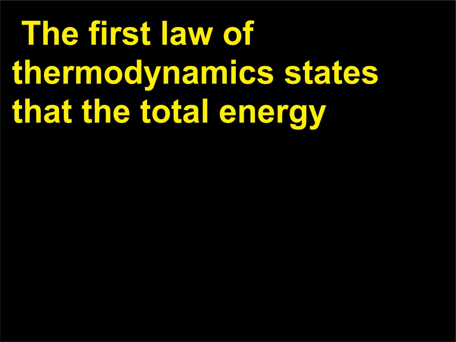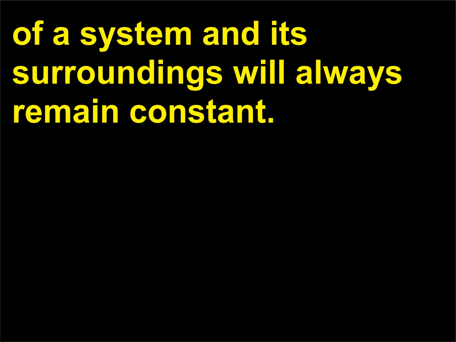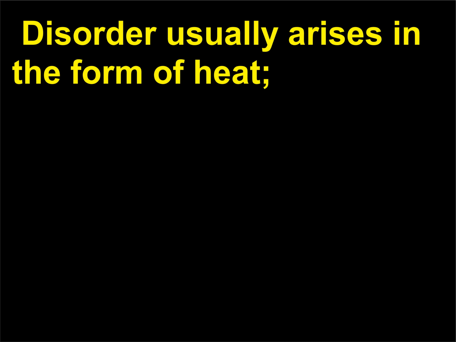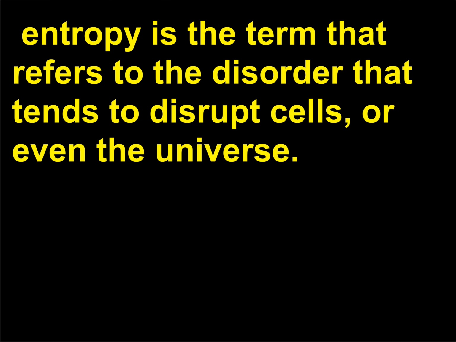The first law of thermodynamics states that the total energy of a system and its surroundings will always remain constant. The second law of thermodynamics states that systems, such as a cell, tend to become disordered. Disorder usually arises in the form of heat. Entropy is the term that refers to the disorder that tends to disrupt cells, or even the universe.